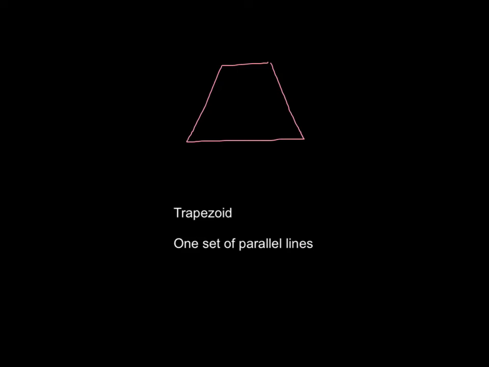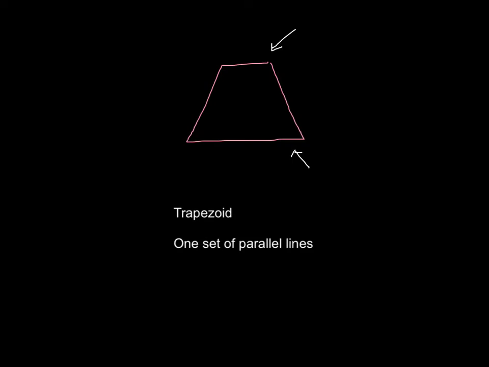A trapezoid. A trapezoid has only one set of parallel lines. So in this case, you can see that this line is going to be parallel to this line up top. The two sides at the sides of this trapezoid are going to eventually be intersecting. They are not parallel. That's why we call it a trapezoid.